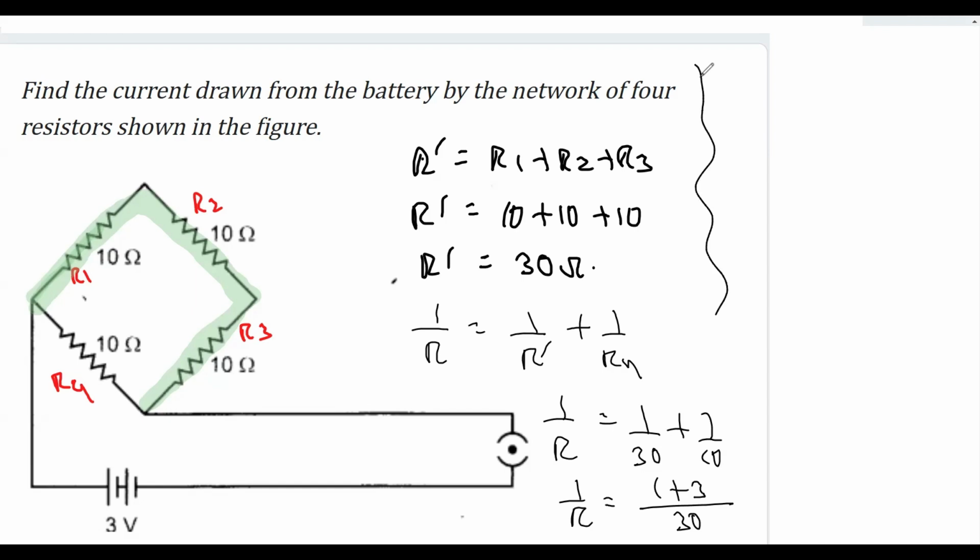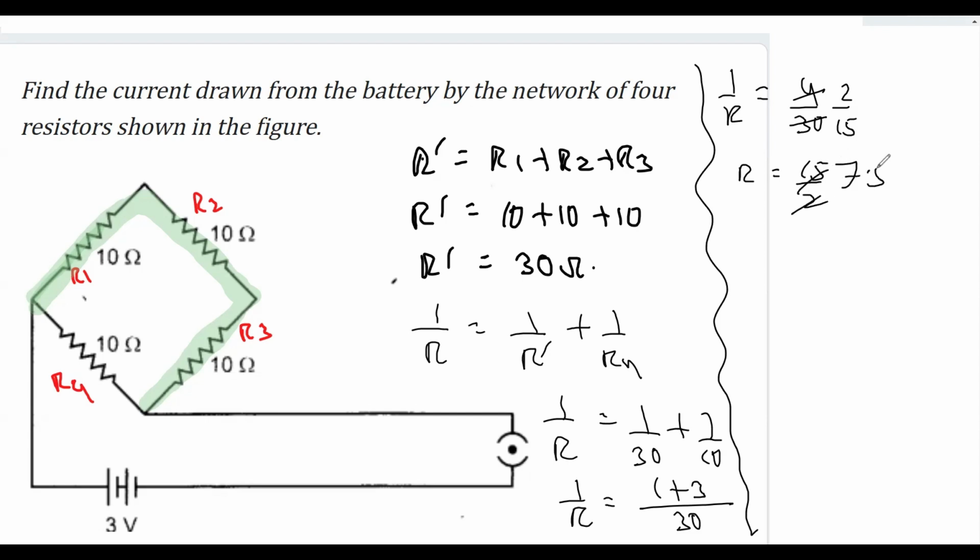So 1 over R is equal to 4 over 30, which can be reduced to 2 by 15, or by reciprocating, R is 15 by 2, which is 7.5 ohm. So our total resistance in the circuit is 7.5 ohm.